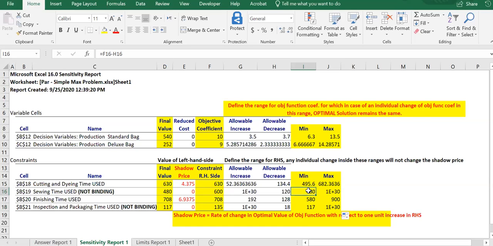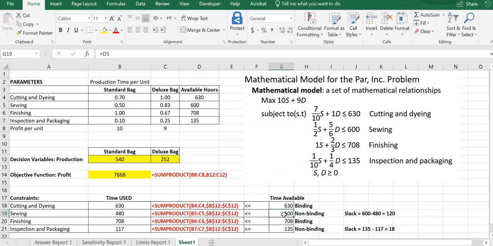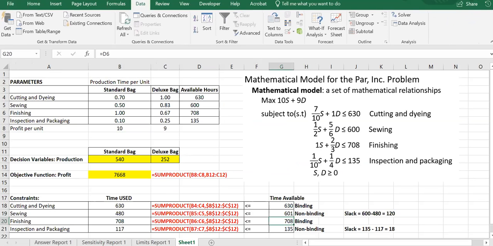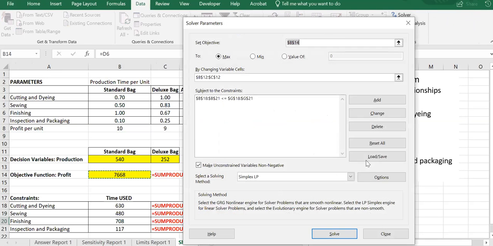So this is really what it means. And then you can just check that. So if you go back and instead of 600, you change it to 601 and solve it again, see, your objective function is not going to change.